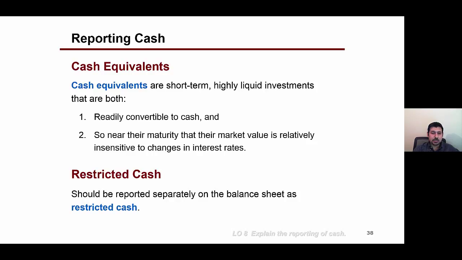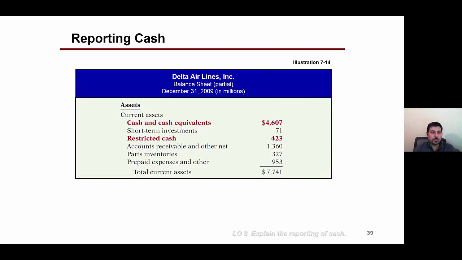So while the company owns this cash, it is still restricted and they don't have the right to utilize it. Here, for example, in current assets we have cash and cash equivalents because it's the most liquid asset, and then after short-term investments we would have also restricted cash.